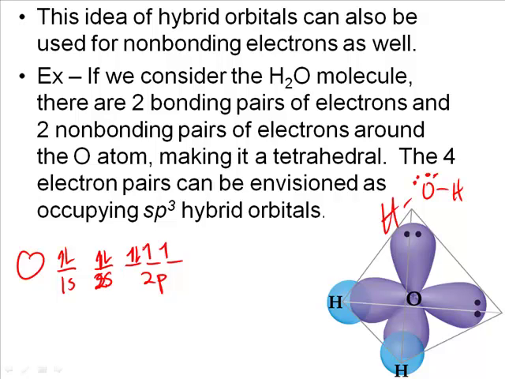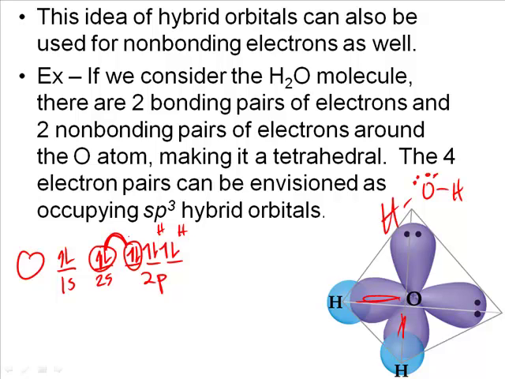Now in this case, we do not have to promote anything, but we do need to hybridize. And the reason that we need to hybridize is because these electrons here are at a different energy level than those ones. With water, we can see that hydrogen comes in here and forms that bond right there, and the other one forms the bond right there. So here's our 2 bonding pairs.